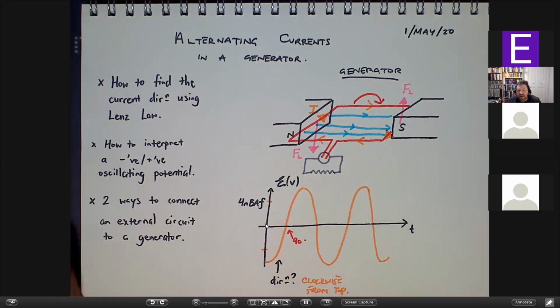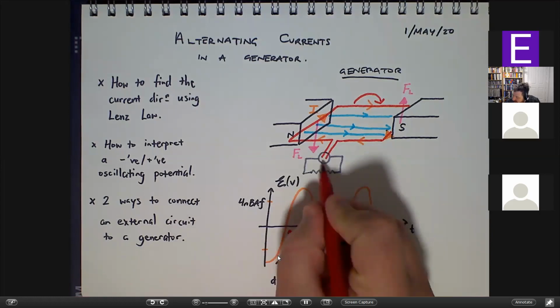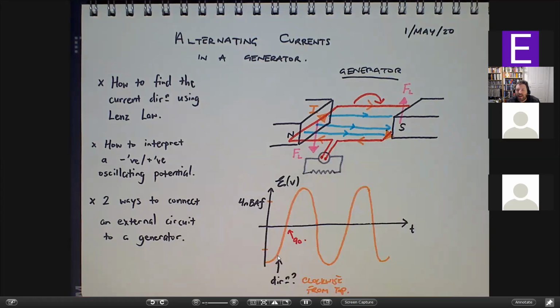The way to think about this is, where is our voltmeter? Our voltmeter is connected to the ends of this loop. And even though the current is still in the same direction as before, and the forces are still in the same direction, and therefore the potential looks like it's causing a current in the same direction, these two prongs of our voltmeter have actually swapped positions.